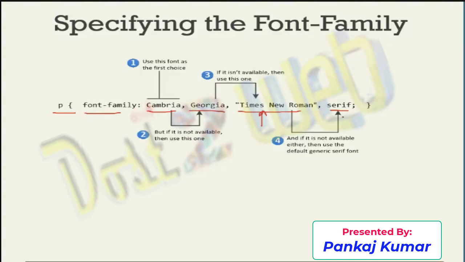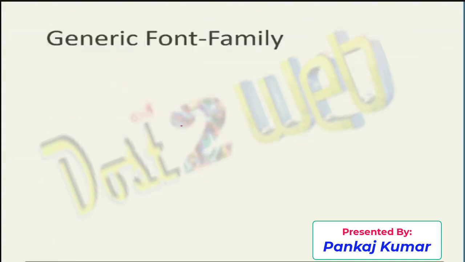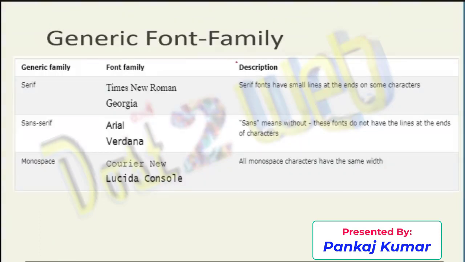Whichever first choice is available on the user's machine will be taken. Now, the generic font families, as we discussed: serif, that means Times New Roman and Georgia. Sans serif, where you can use Arial and Verdana. Monospace, where you have Courier New and Lucida Console, and there are a lot of others. Whatever you want, you can define and refer to.